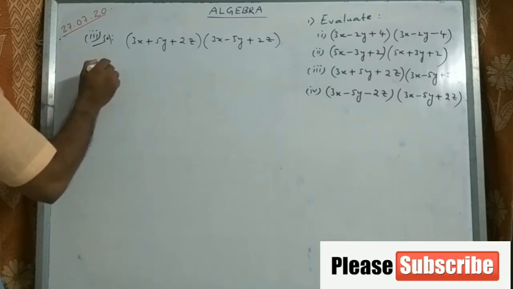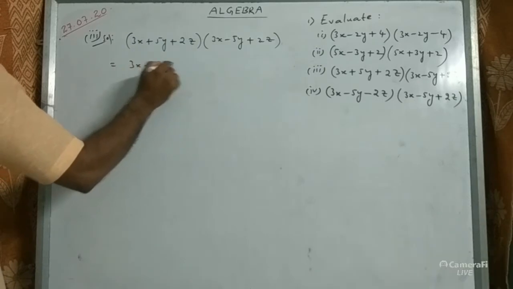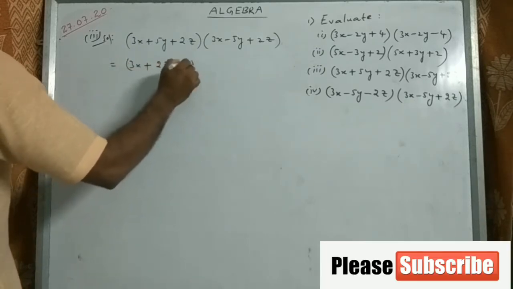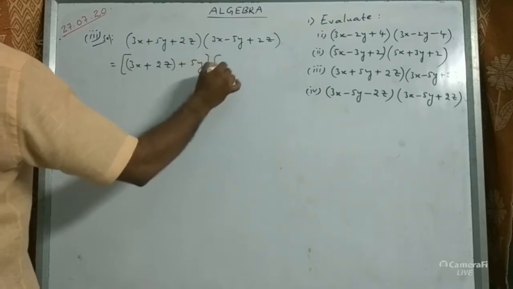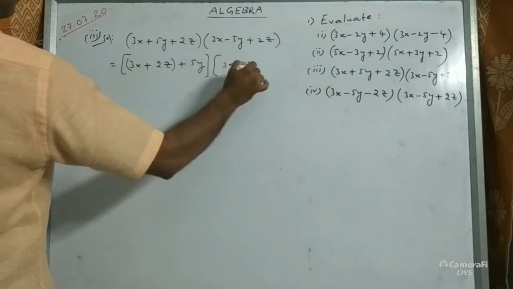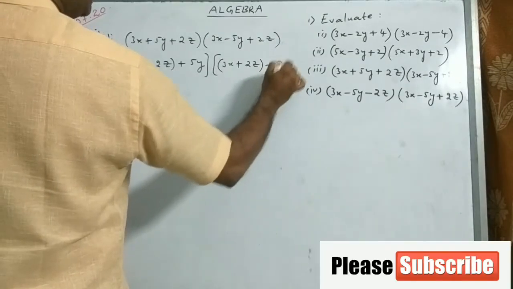Is it in that form, direct form? No. 3x + 2z write together plus 5y write separate. Now here there also 3x + 2z separately minus 5y separate.